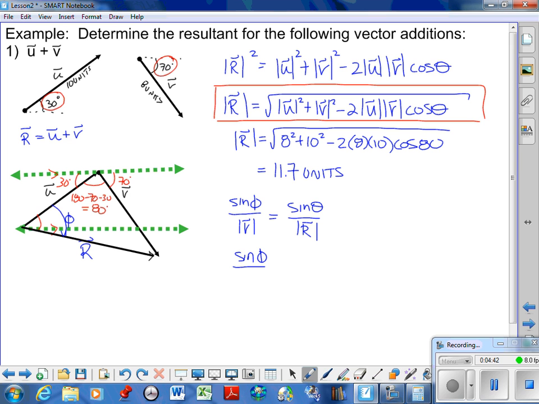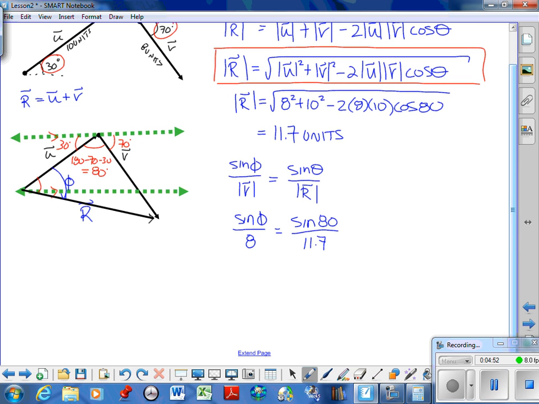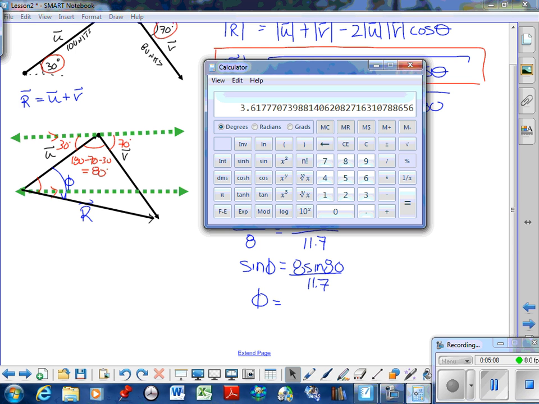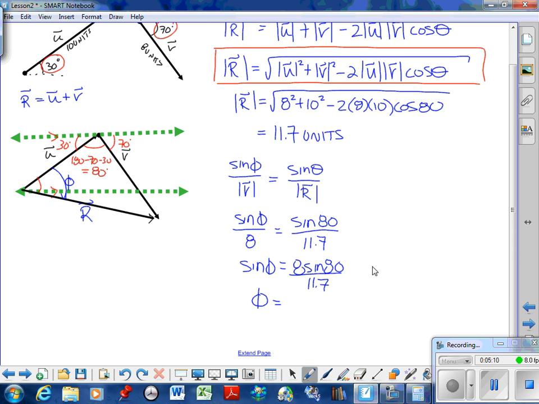I'll do some number substitution. v is 8 units, and that's equal to the sine of 80 degrees divided by the 11.7. So we're just solving for phi. So sine phi equals 8 sine 80 divided by 11.7. So that angle in question, using your calculator, I get to be 3.6 degrees, so something that's fairly low here.